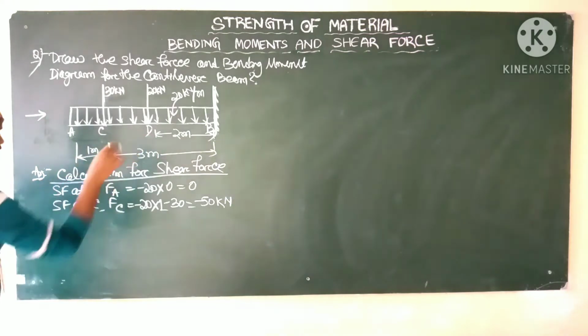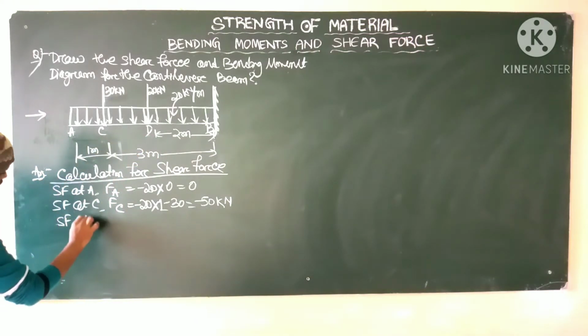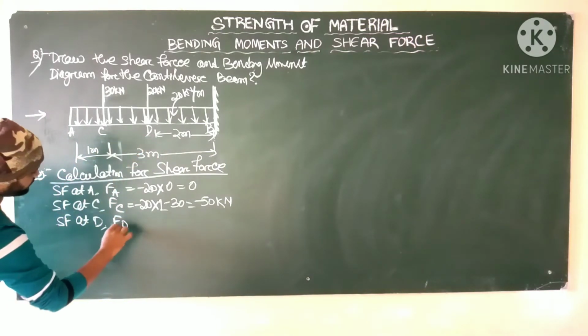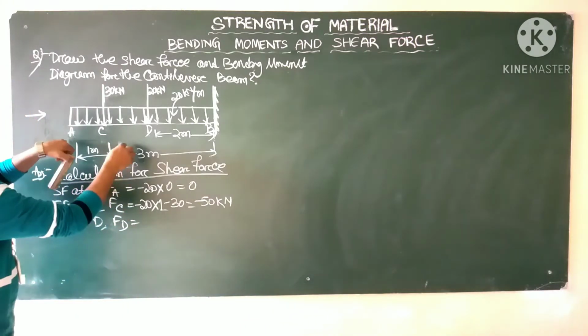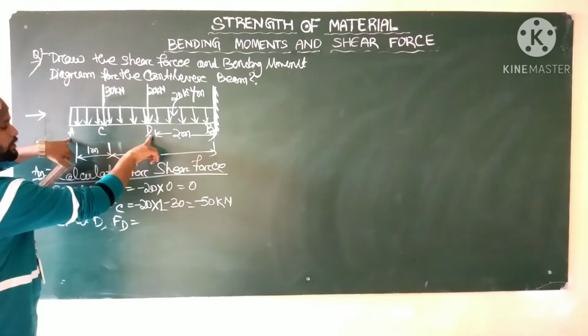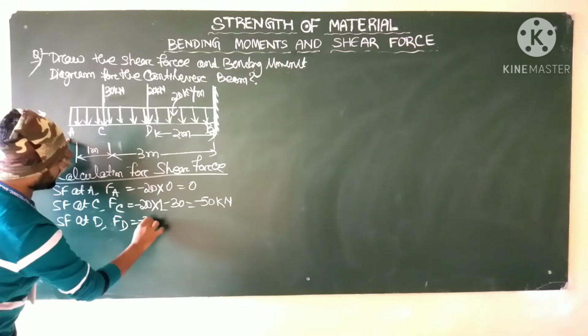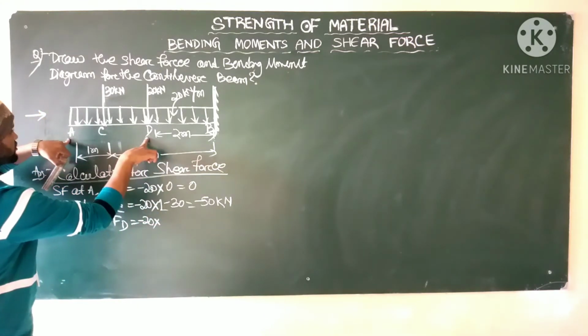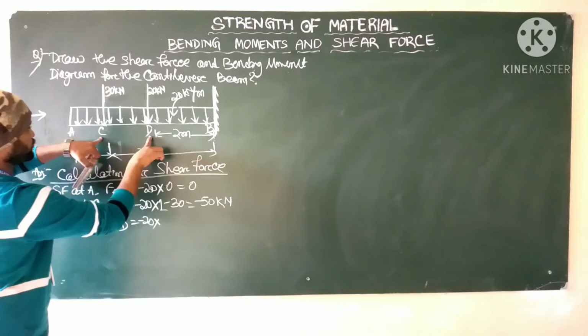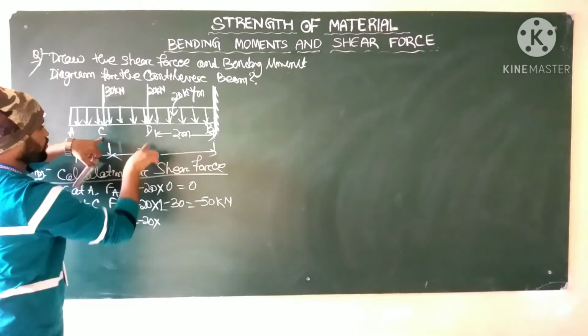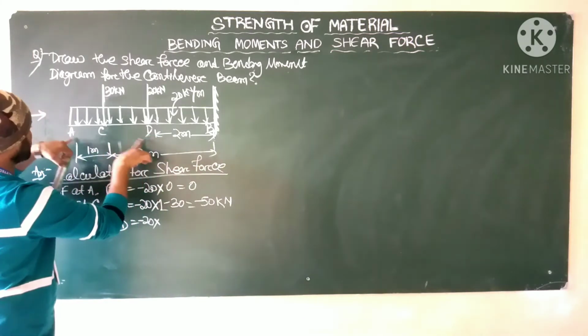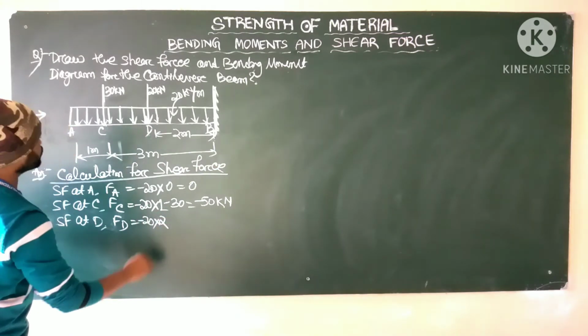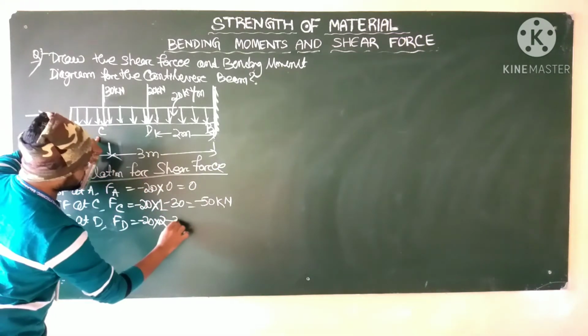After C, D comes. So shear force at D, that is FD equal to. Now from A to D there is a UDL. So UDL 20 into distance. From A to D how much? A to C 1 meter, C to D is also 1 meter. 1 plus 1, that is 2. 20 into 2 minus 30.